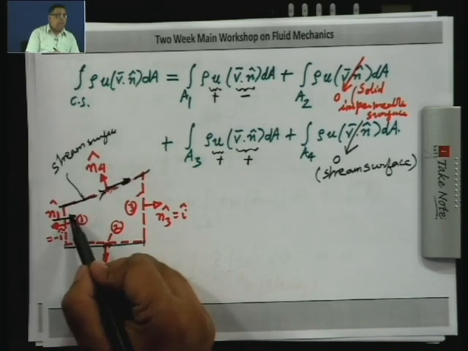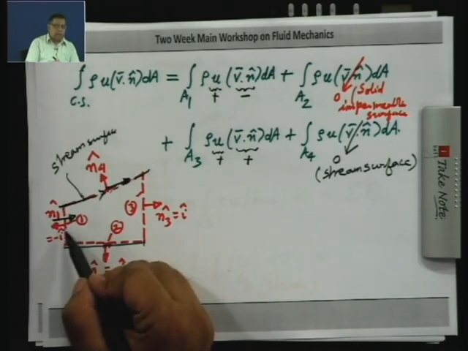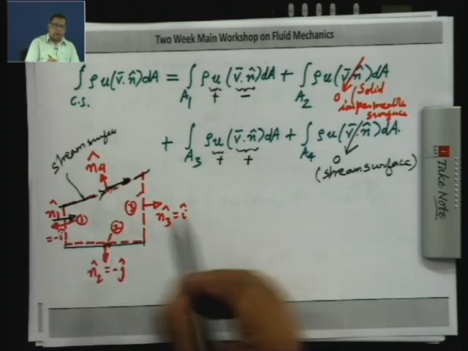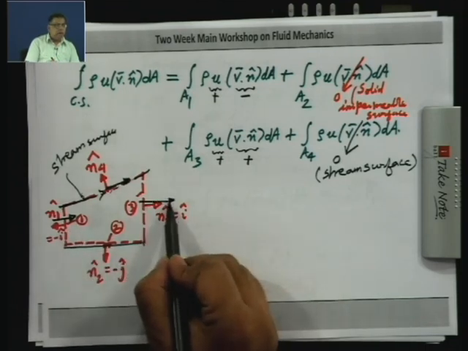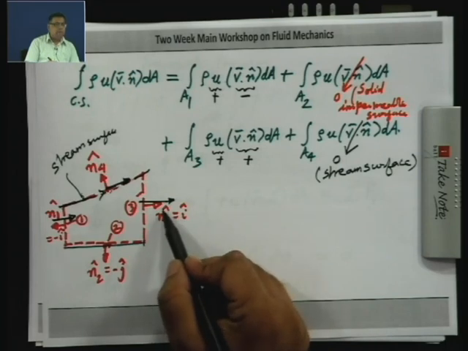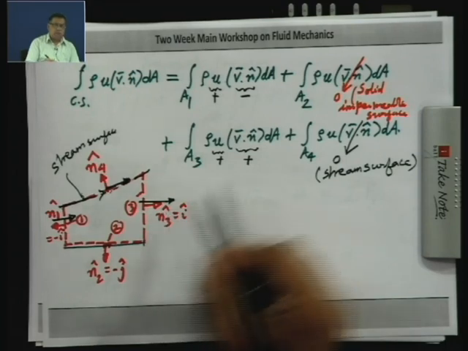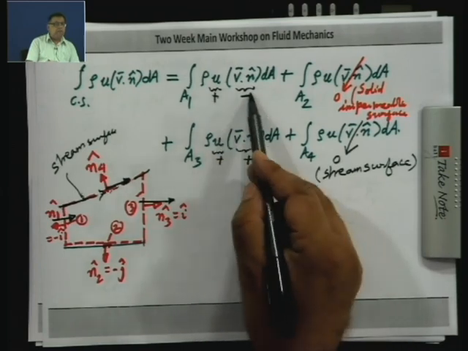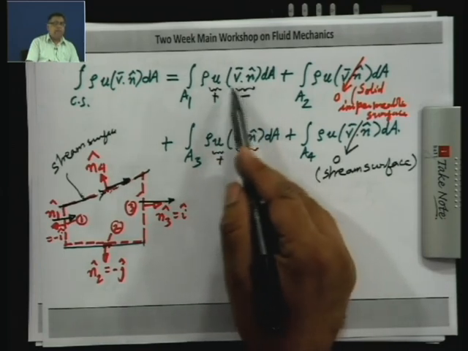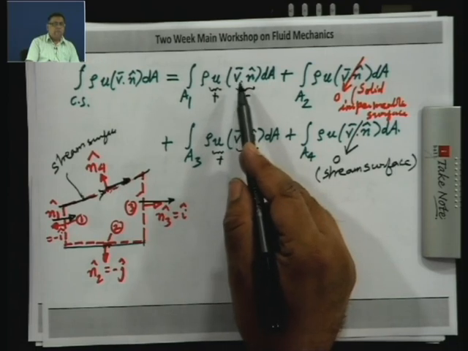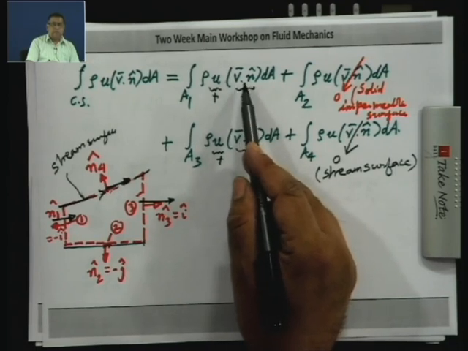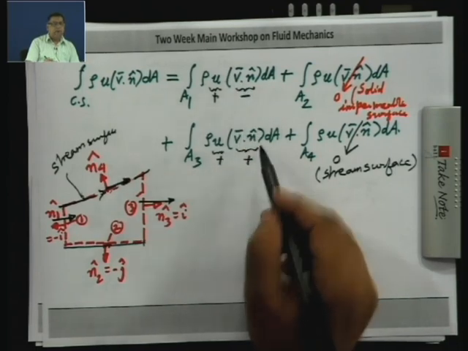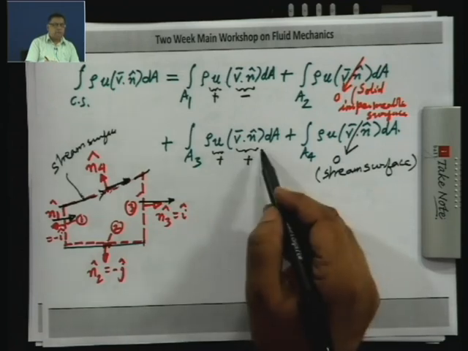So, the angle between V 1 and n 1 is 180 degrees. So, cos 180 is minus 1, and here the V and the n 3 are in the same direction, the angle is 0. So, cos 0 is 1, and you have this to be positive. So, plus into minus, this will give you a negative contribution. So, that will represent influx of x momentum into the control volume, and this will represent outflux of momentum.